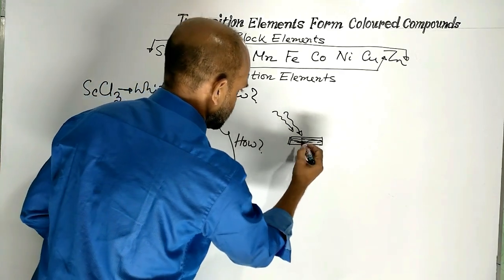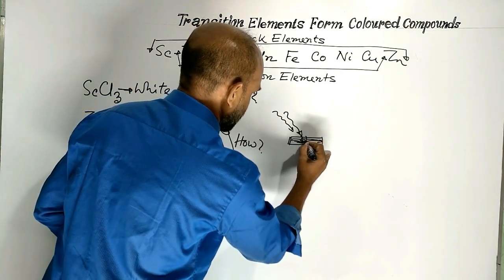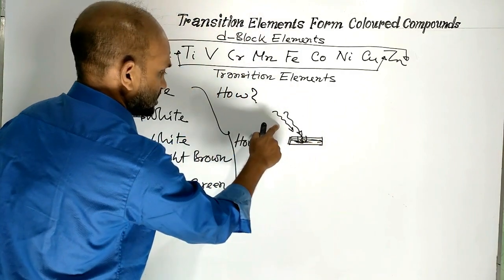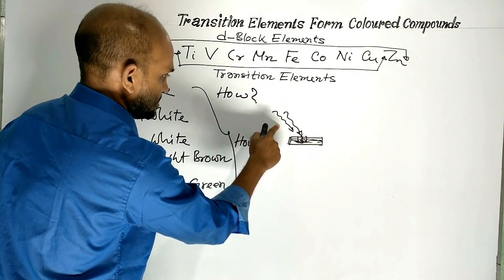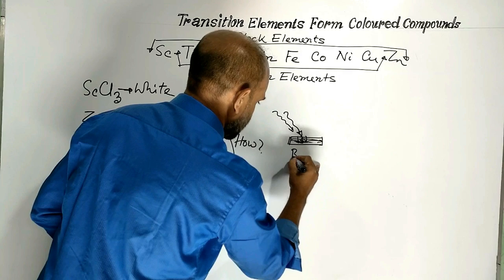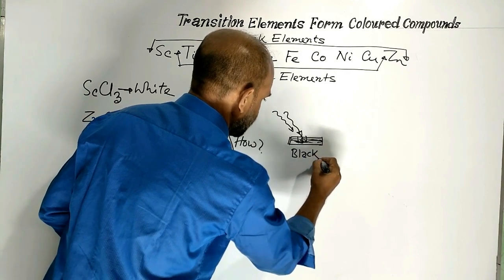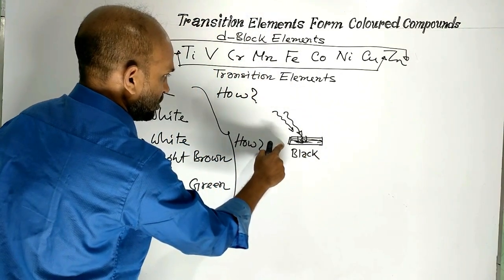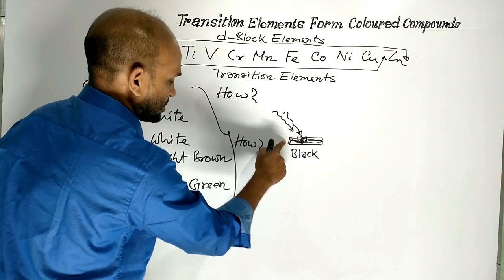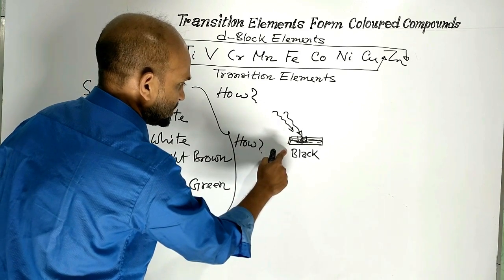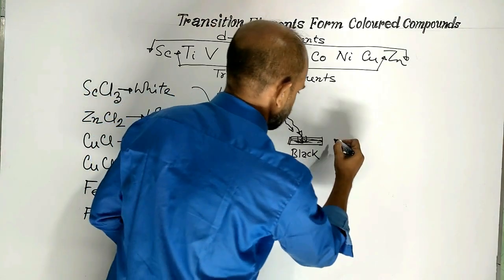This substance absorbs these radiations completely. In that case, it will be black in color. For complete absorption, the compound becomes black in color.